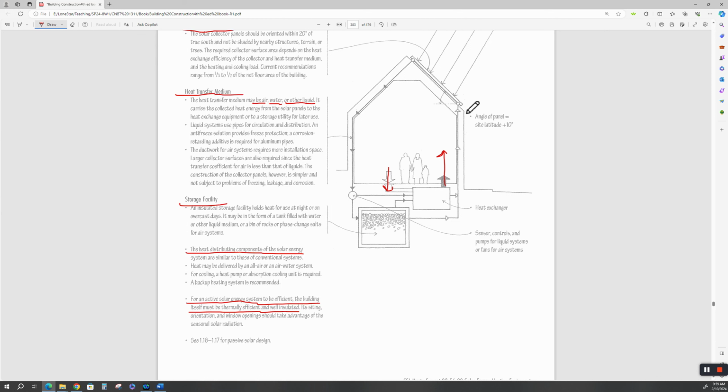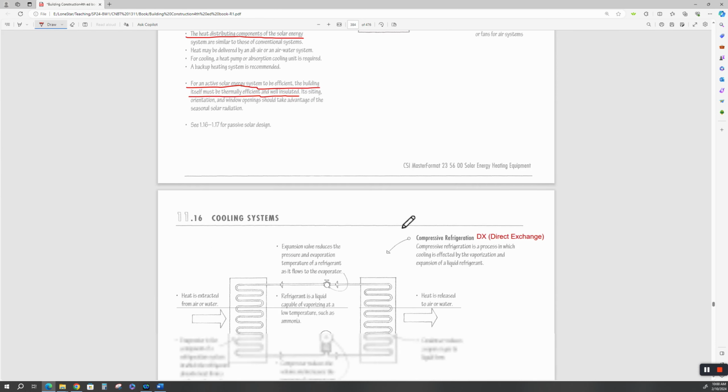But if you're in a cookie cutter subdivision, you may not have a choice in the direct angle of the sun that you get, and it may not be that efficient for you. If you've got two-story houses on both sides and you're a single-story house in between them, they may be blocking the sun. So all that stuff has to be taken into consideration.